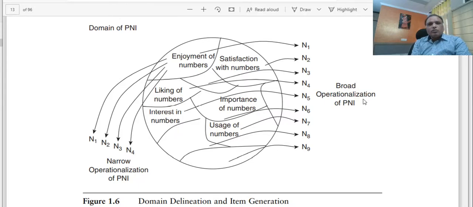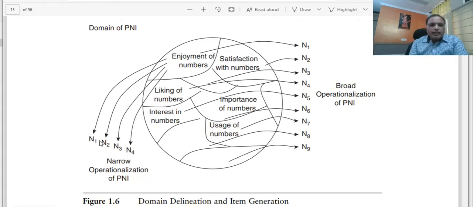So what we did, you remember in the first slide where we had a dotted line and a dark line, we said that we are operationalizing the construct. So this is how we operationalize the construct. Here we have a construct PNI. How do we operationalize it? We have this domain of PNI, and in this we want to see different items.